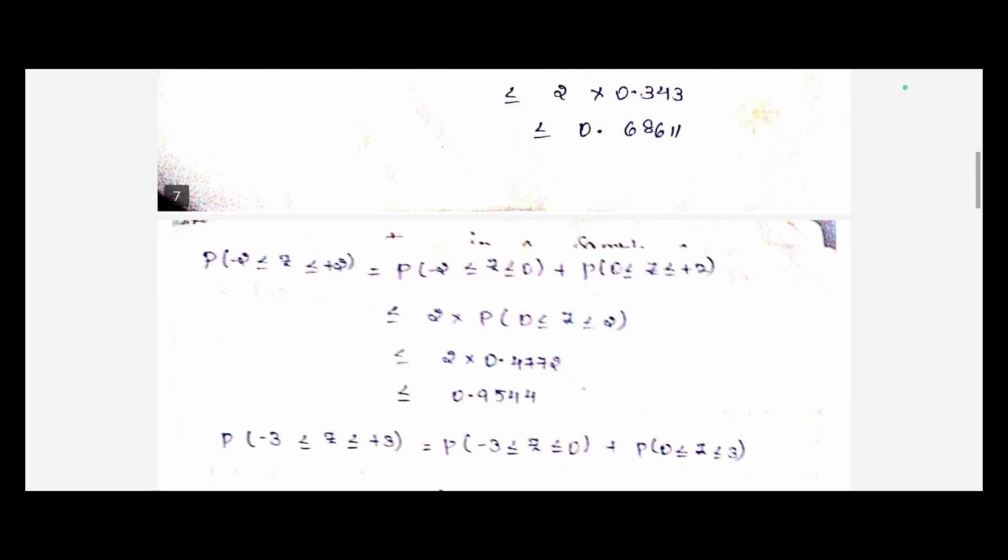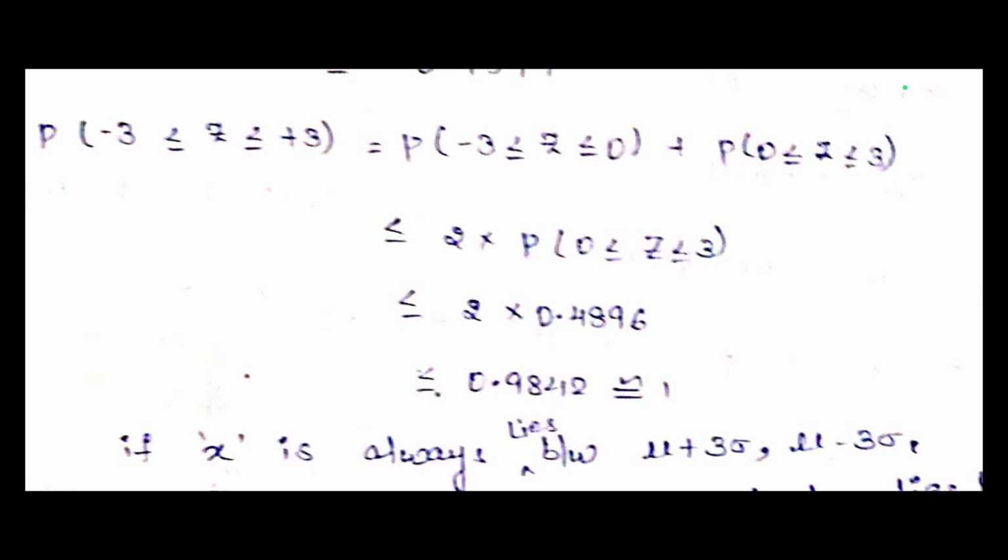And the probability of minus 2 less than or equal to z less than or equal to plus 2. Similarly, consider it in two steps and multiply by 2. The probability of 0 less than or equal to z less than or equal to 2 is 0.4772, that is, 0.9544.